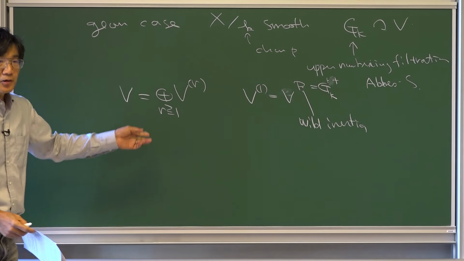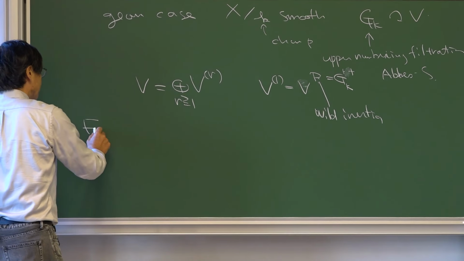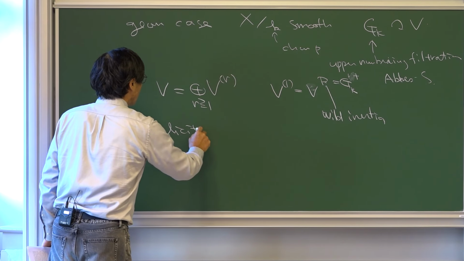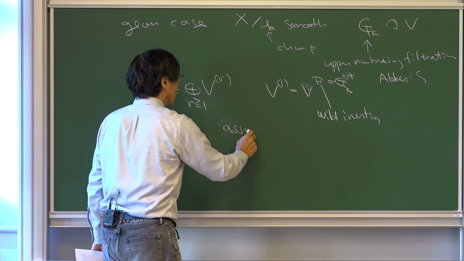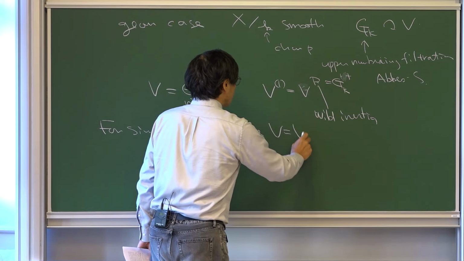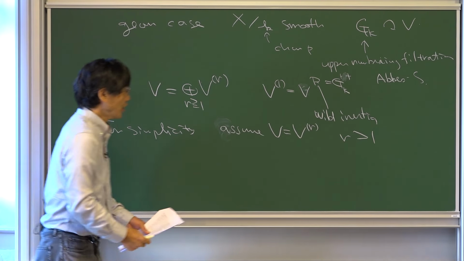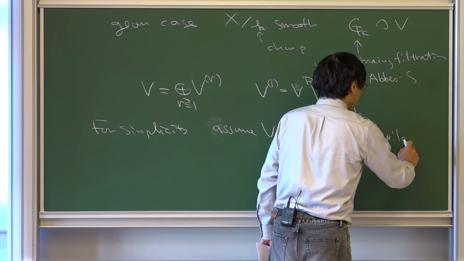So we have such a decomposition. For simplicity, let me assume V is V_R, so we have only one component, and we are in the wild case.